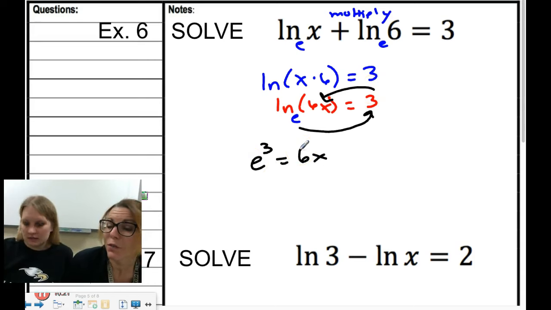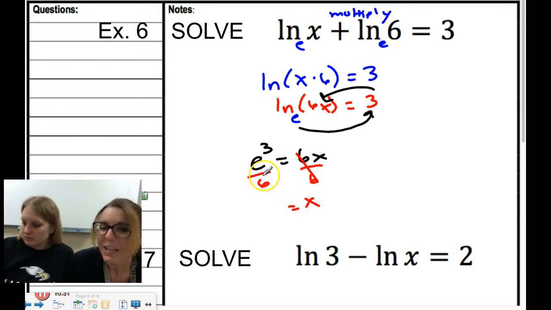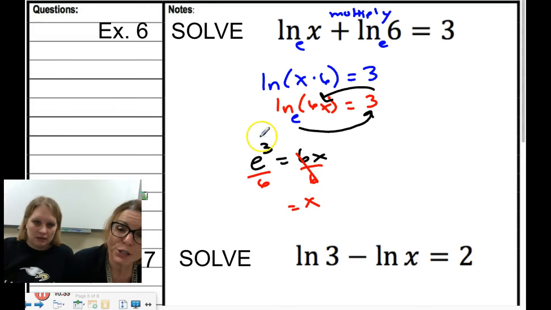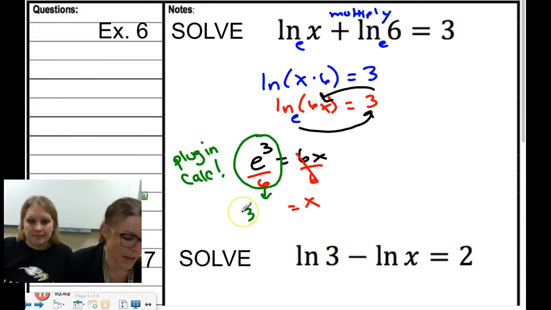And we're solving for x, so we divide both sides by 6. And then you have a handy dandy calculator that does that for you. After you plug that in, you get 3.35. If we have to round, I just round to the nearest hundredth.